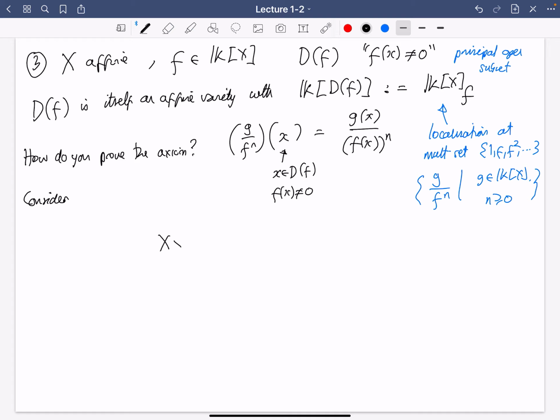So the coordinate algebra of this is the coordinate algebra of X tensored with the coordinate algebra of the affine line, which is just polynomials in one variable. I think it's best to think of that as taking the coordinate algebra of X and adjoining an indeterminate t. So it's kind of polynomials in t with coefficients in the coordinate algebra of X.